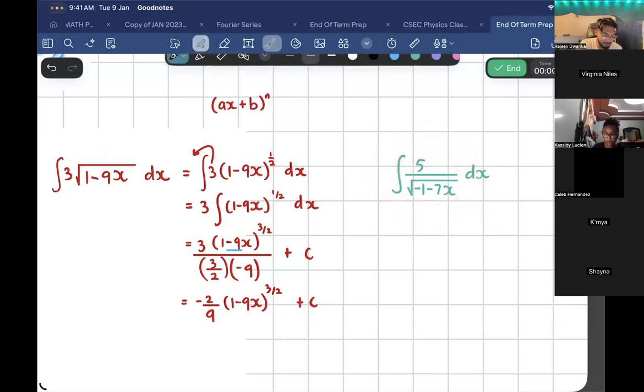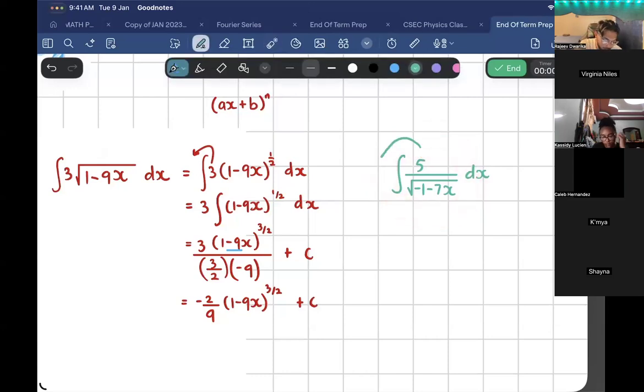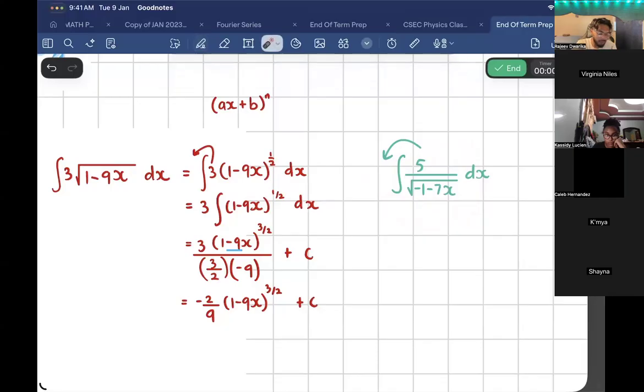We could pull out the 5. Question, Shayna, why can't we pull out the -1? Do you know why we can't pull out the -1? I wouldn't put it, but I don't have a logical answer to give you.